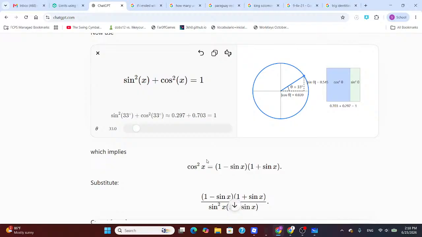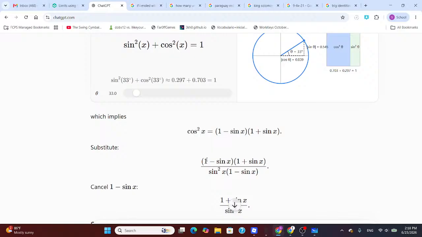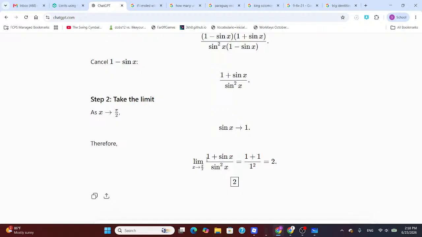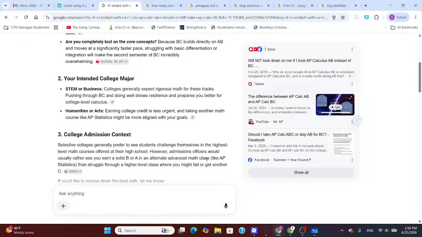Plus 1, minus sine, 1 plus cosine. And then you just have to cancel the like terms, and you get sine of pi over 2 is 1.